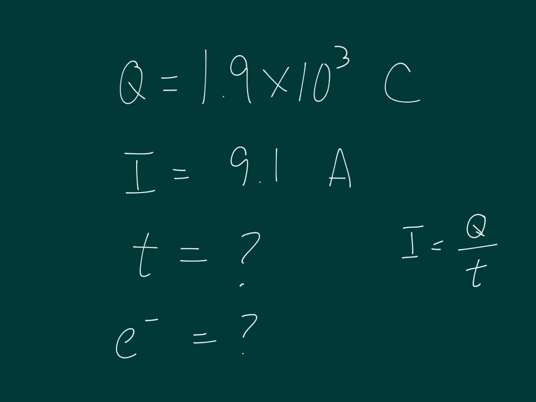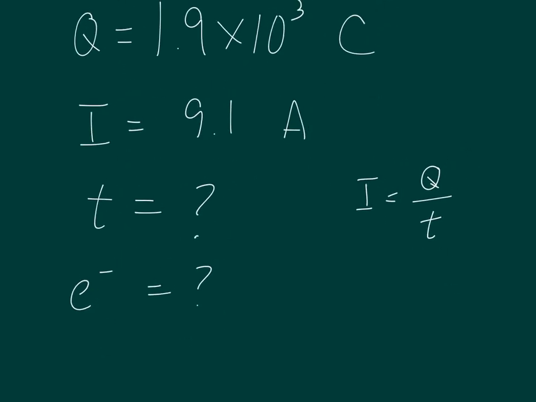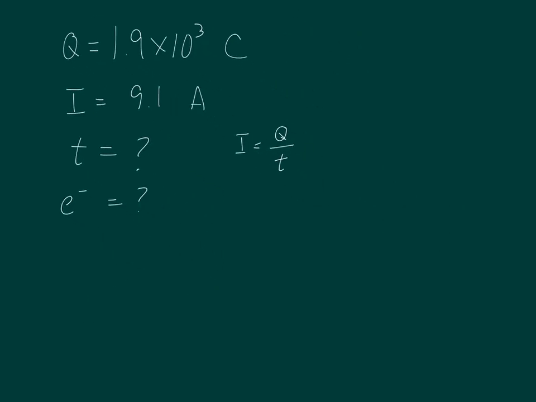So type in your calculator 1.9 times 10 to the third divided by 1.6 times 10 to the negative 19. I'll jot that down so you can see it. I'll explain.